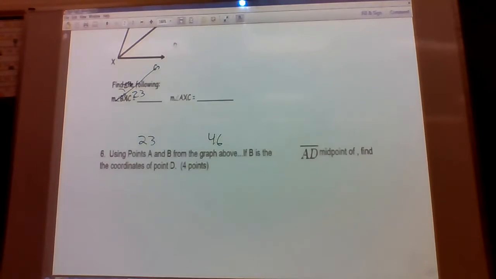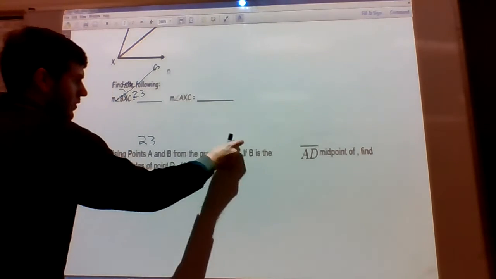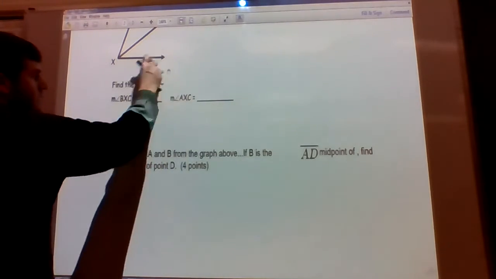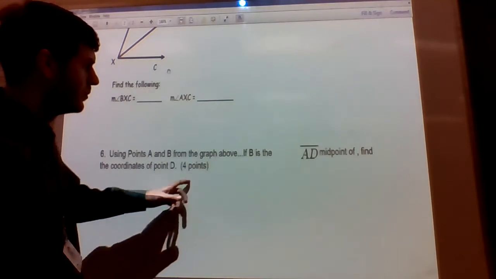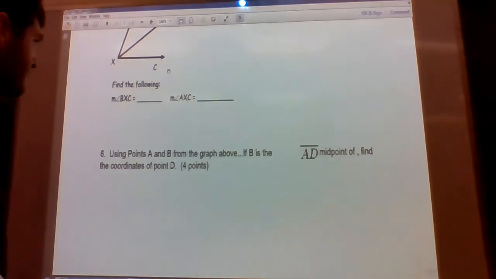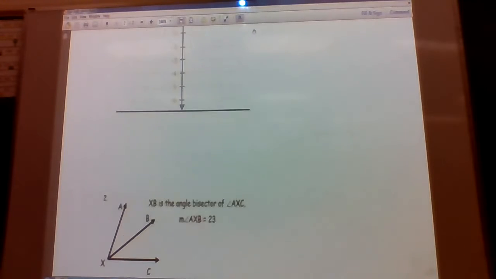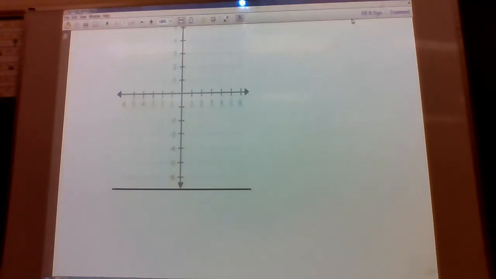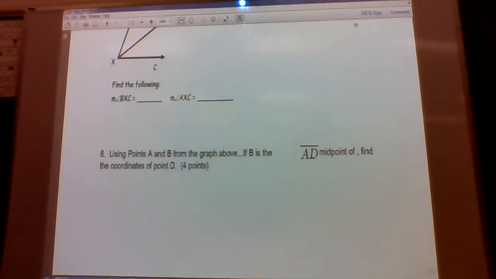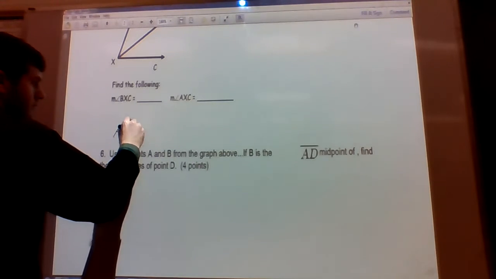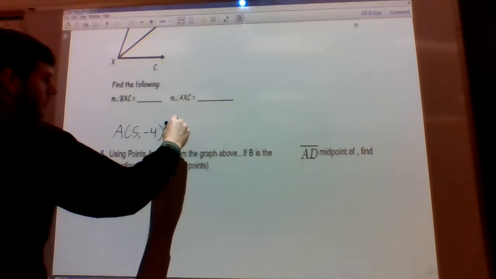Okay, 6. We have to go back up to the graph. Using points A and B from the graph above, if B is the midpoint of AD, we have to figure out what A and B were. A is 5, -4.